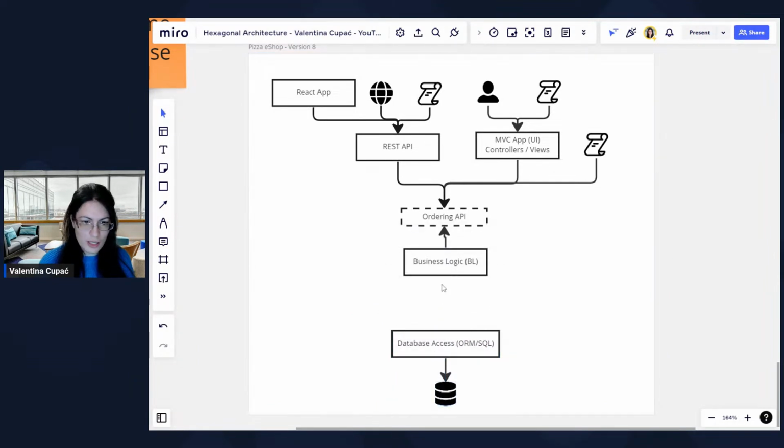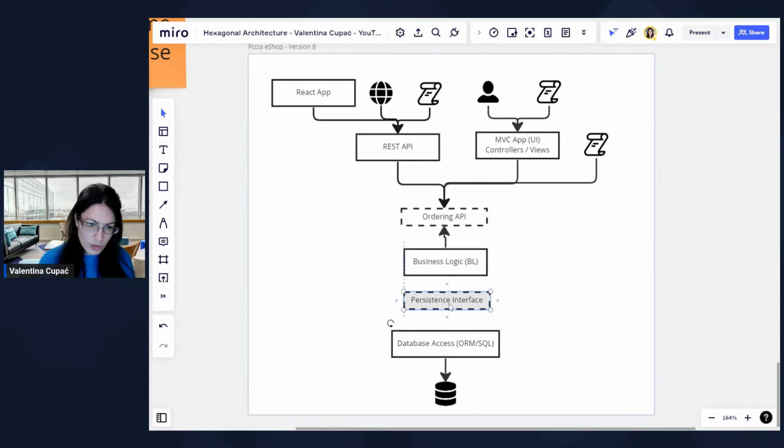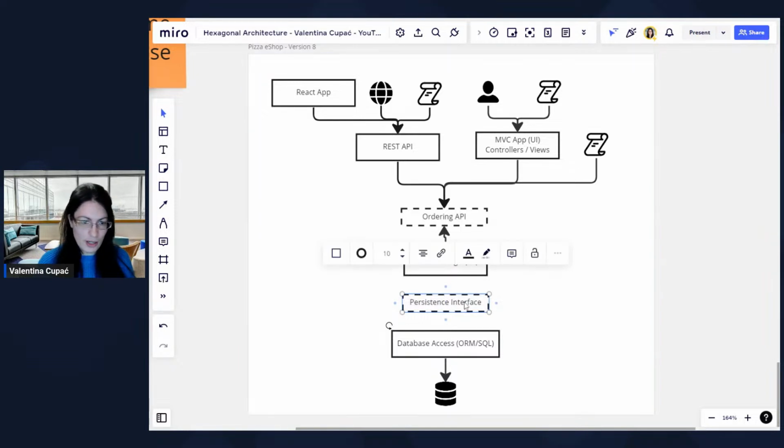So let's see what the business logic is going to depend upon. Let's say we have some kind of a placeholder for our persistence. Some kind of persistence interface whereby we specify that we are interested to maybe add an order, remove an order, update an order from the persistence mechanism, but we don't actually care about the underlying technology.